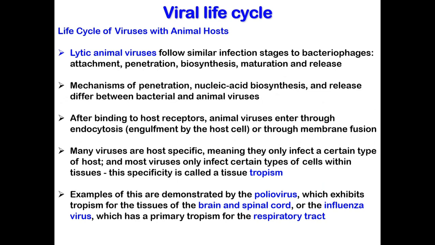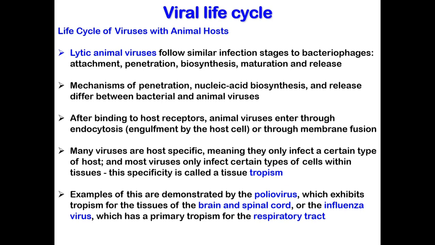Viruses that infect animal cells replicate by the lytic life cycle, even though not all viruses cause lysis of their host cell during replication. So the lytic animal viruses follow similar infection stages to bacteriophages, including attachment, penetration, biosynthesis, maturation and release.